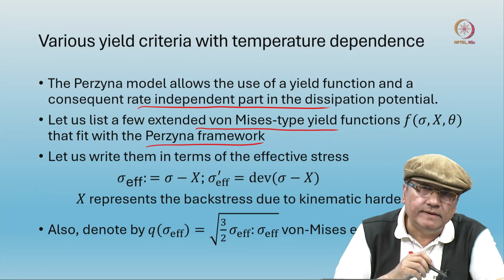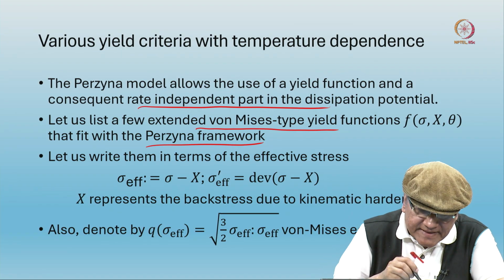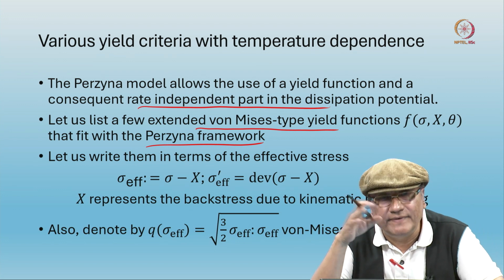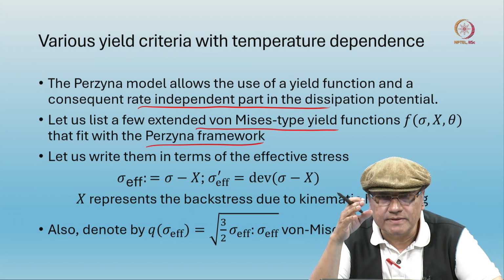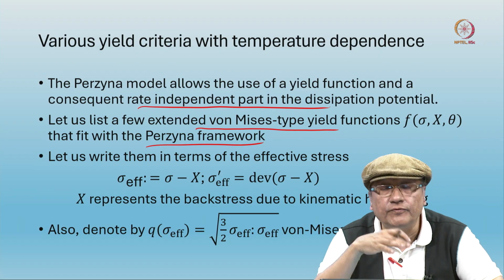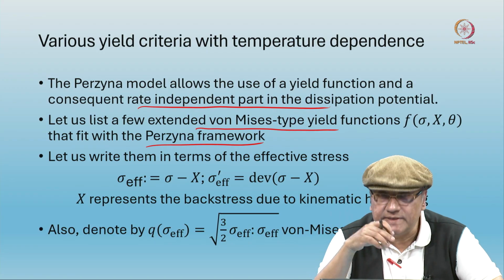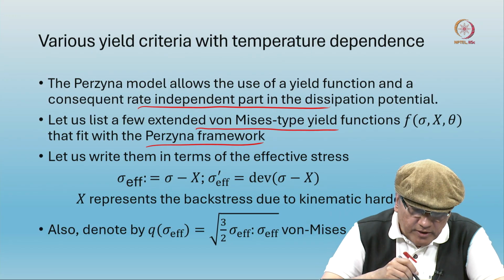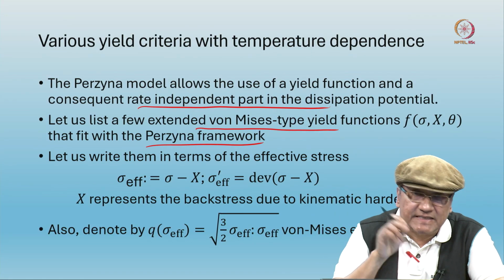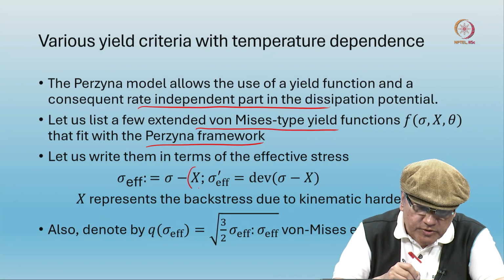So first define the effective stress. There are some small variations in my notations, so please do not get confused. So far we were talking of X as the thermodynamic force, but now we are talking of X as the specific thermodynamic force which corresponds to the back stress.